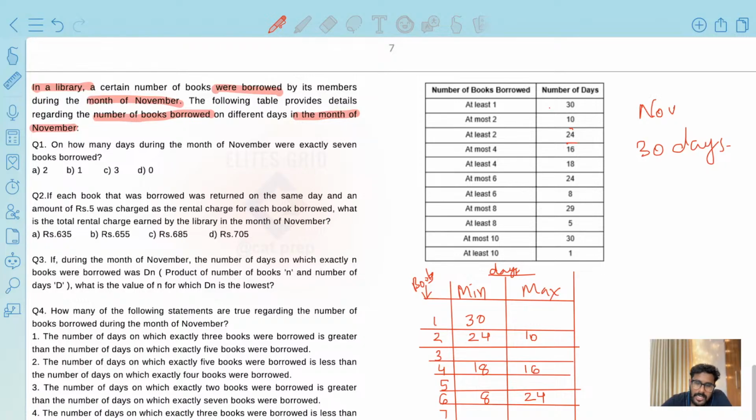One day, minimum of 10 books. 30 days maximum of 10 books borrowed.